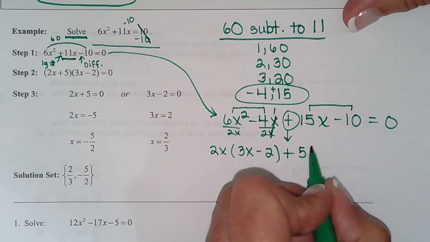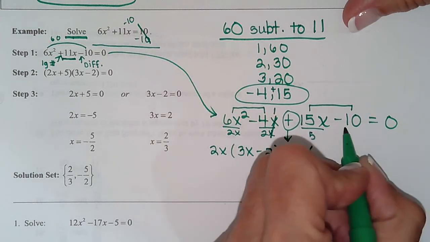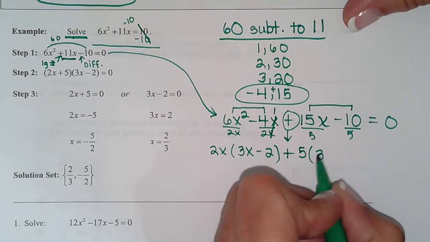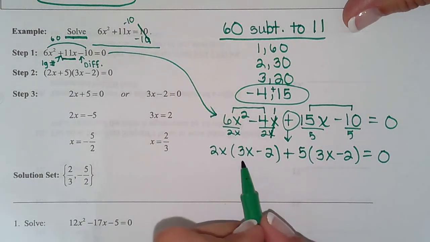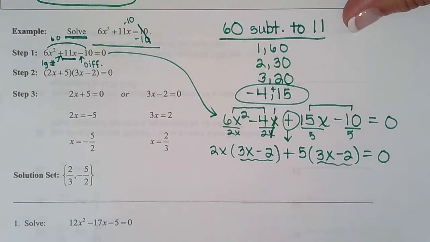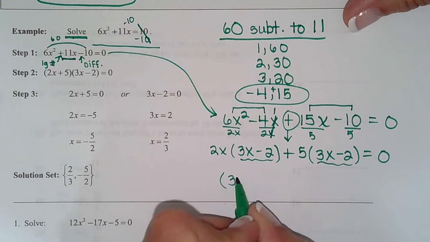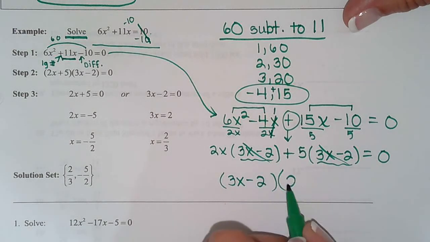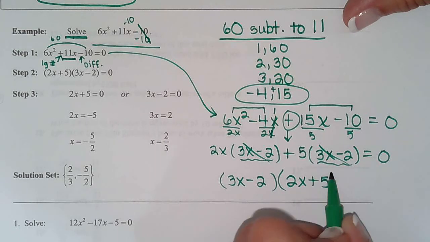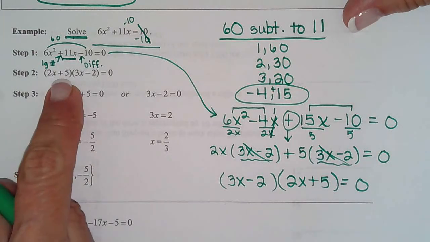GCF here is 5. So divide each of these by 5, and I get 3x minus 2. And this is when we celebrate, because this tells us we're doing the problem correctly. And then that comes out as the new GCF, 3x minus 2, and then what's left would be 2x plus 5. And that's where that came from.